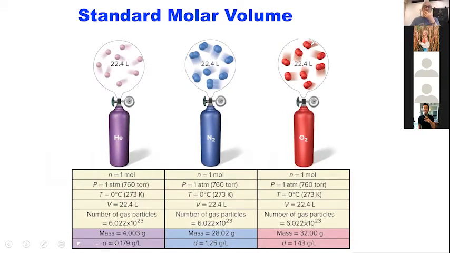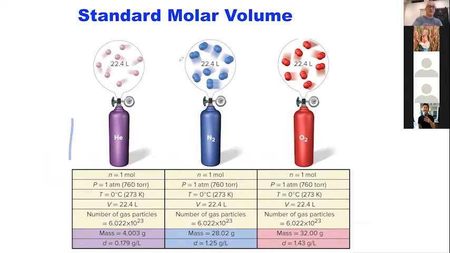So as we remember, since the volume of gases is dependent on the moles of gas, that means that no matter what the gas is, 1 mole is going to take up the same volume. And this is true. For 1 mole, we can see that no matter what, we have 3 different gases here.